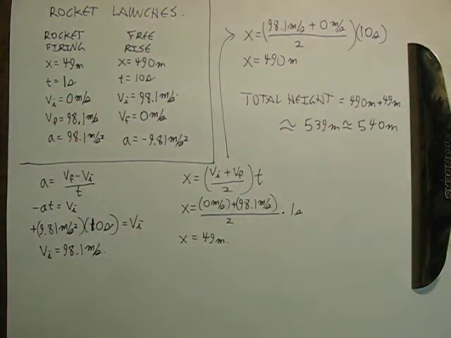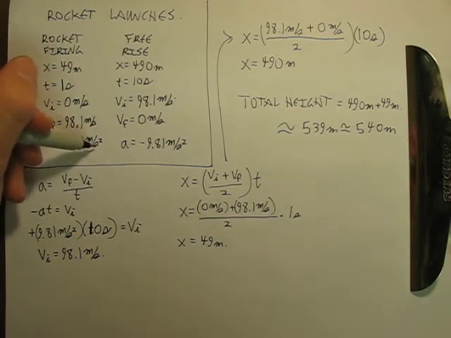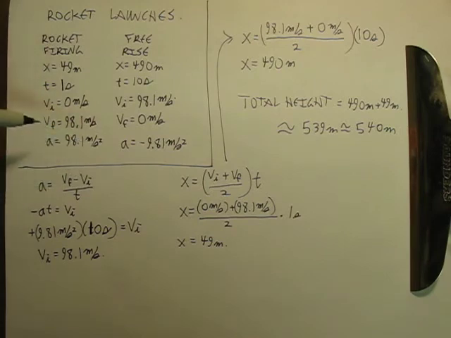Okay, so what's happening in that video is roughly, and these are rough numbers, you'd have to calculate it out exactly using exact times and everything, that the rocket motor is on for 1 second. And in that 1 second, it accelerates the rocket with an acceleration of 98.1 meters per second squared. So at the end of that acceleration, it's going 98.1 meters per second, and it's gone up a distance of 49 meters.